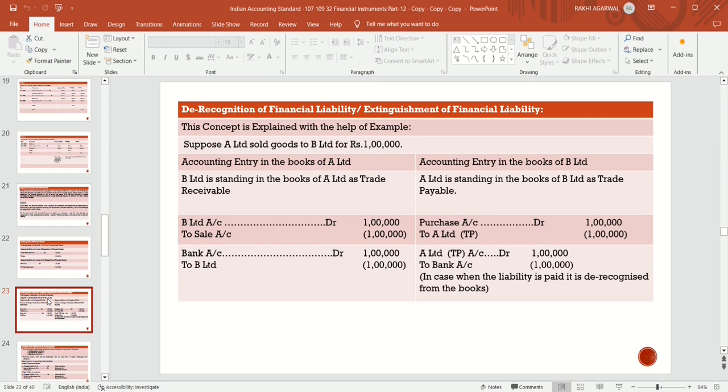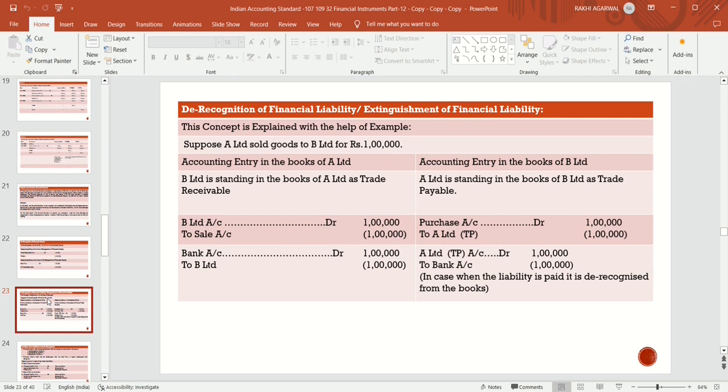And when they de-recognize, when they actually receive the payment, they will de-recognize the debtor, the financial asset which they had recognized earlier. So bank account debit by 1 lakh to B Limited, the debtors account.